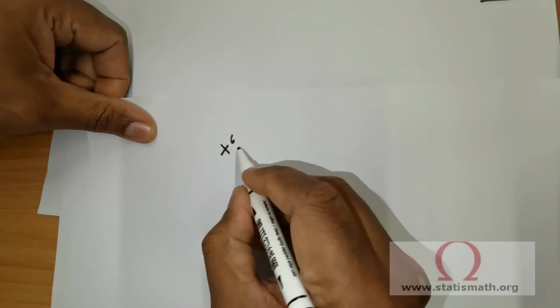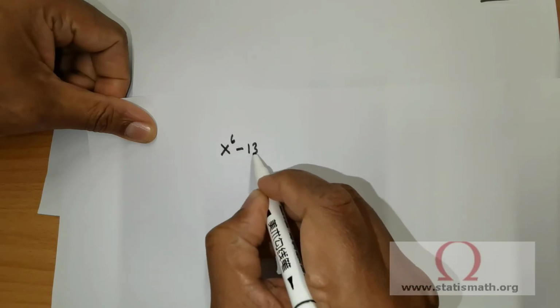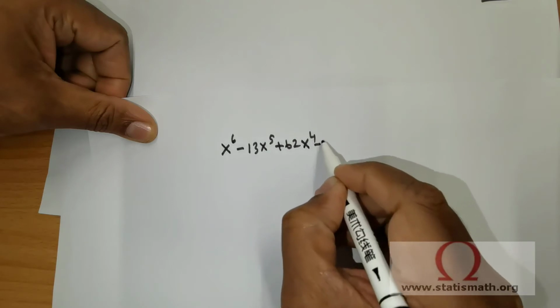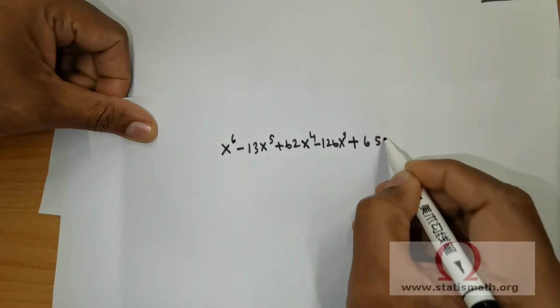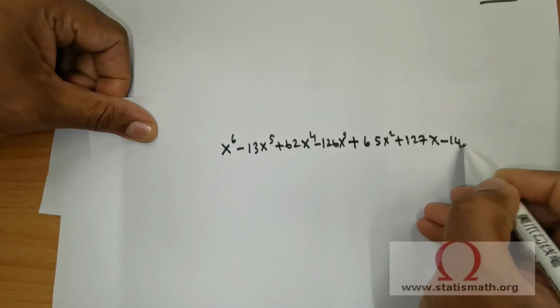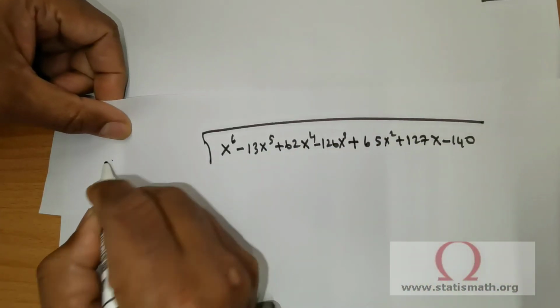Let me write the original polynomial down: x^6 − 13x^5 + 62x^4 − 126x^3 + 65x^2 + 127x − 140. This is what is given. So we have to divide this by the factor that we have obtained.